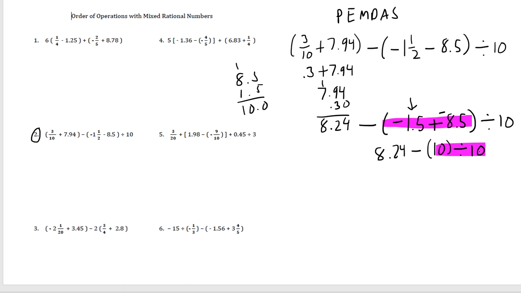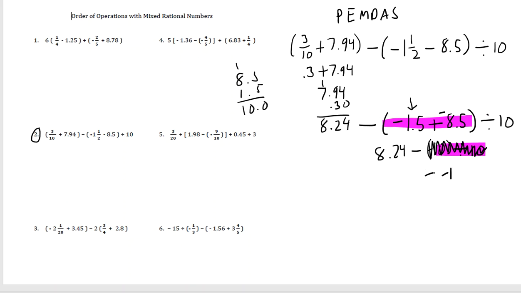So a negative 1.5 and a negative 8.5, that's going to be a negative 10, isn't it? Because we do add the two numbers together, but then our answer needs to be negative. Okay, so here we go. A negative 10 divided by a positive 10, that's going to give us a negative 1. Okay, so we just took care of doing the division.